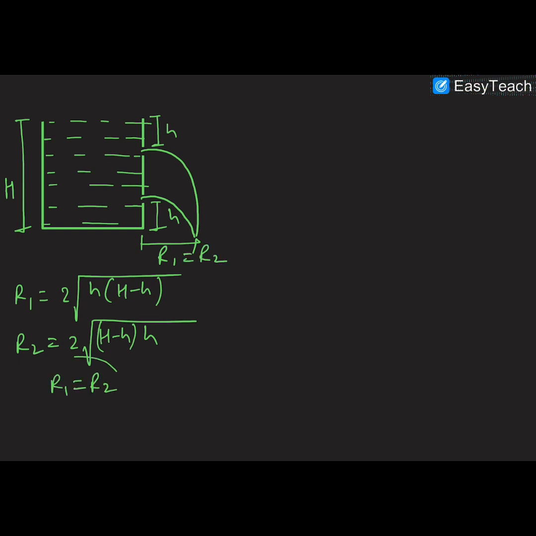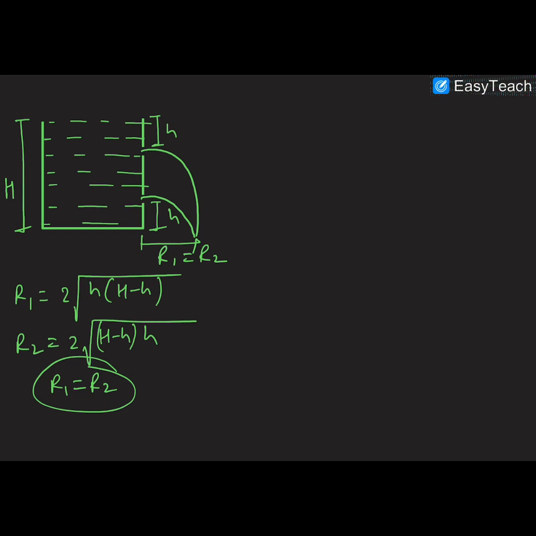So there are two different points in the wall of the container where, if we make an orifice, then the range of liquid coming out of them will be the same on the ground. This is the first logic, and we can easily say that if we interchange h with H minus h and H minus h with h, then also the range remains the same.